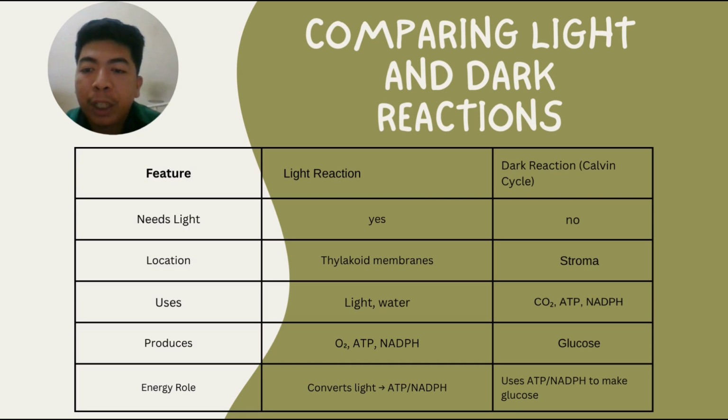While the light reaction is all about capturing energy, the dark reaction is focused on building molecules. Both reactions are completely dependent on each other. Without the light reaction, the dark reaction would not have the energy it needs, and without the dark reaction, plants would not be able to create the food that stores energy long term.